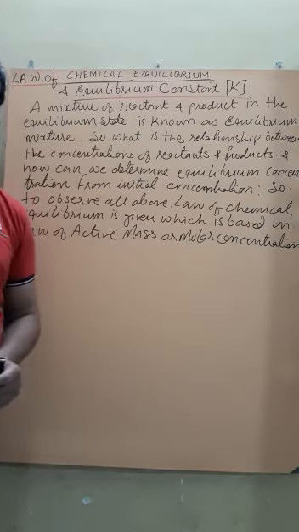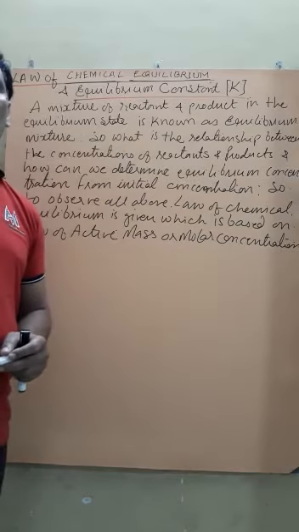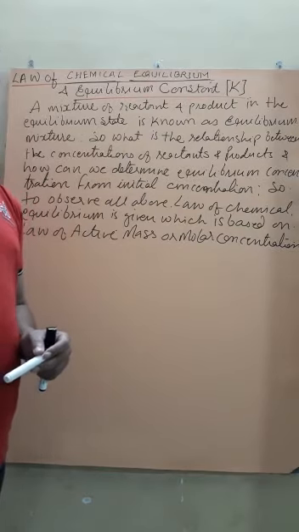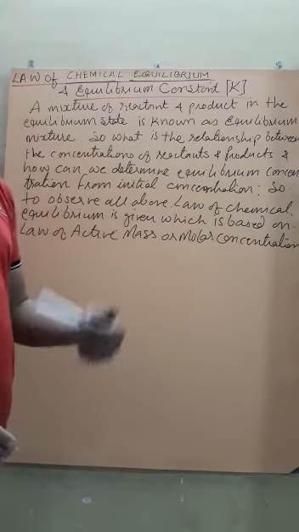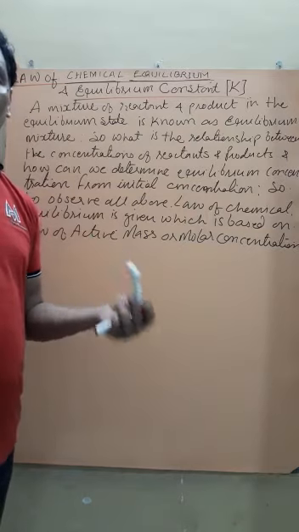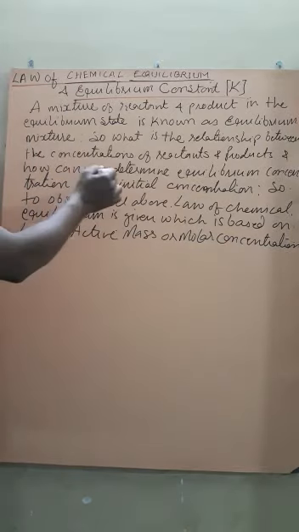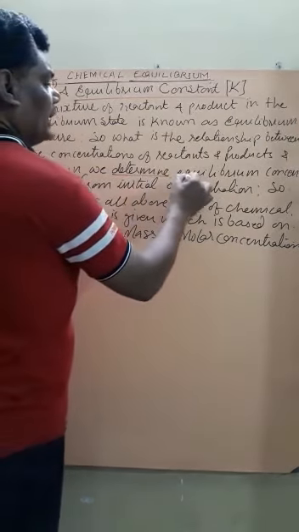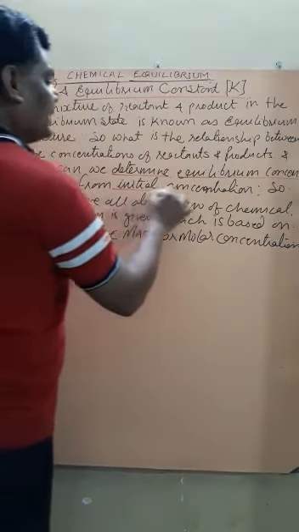Now, the main question is, what is the relationship between the concentration of reactants and the concentration of the products at equilibrium? And the second very important thing is, how can we determine the equilibrium concentration from the initial concentration?